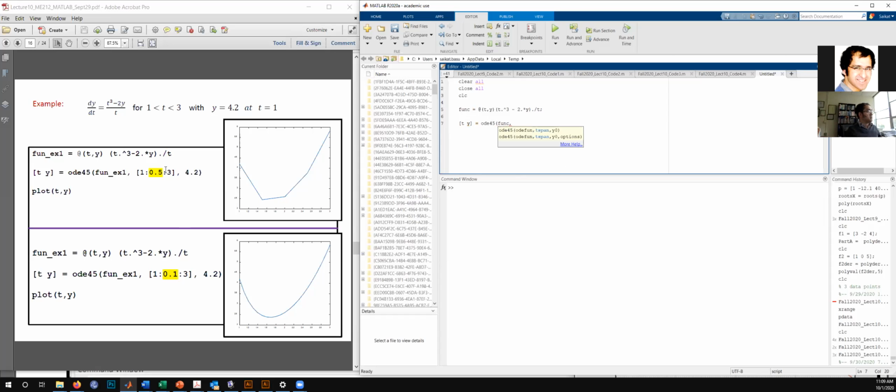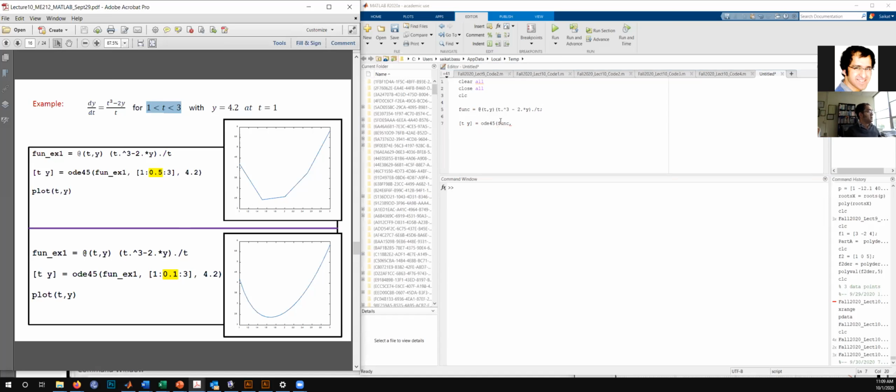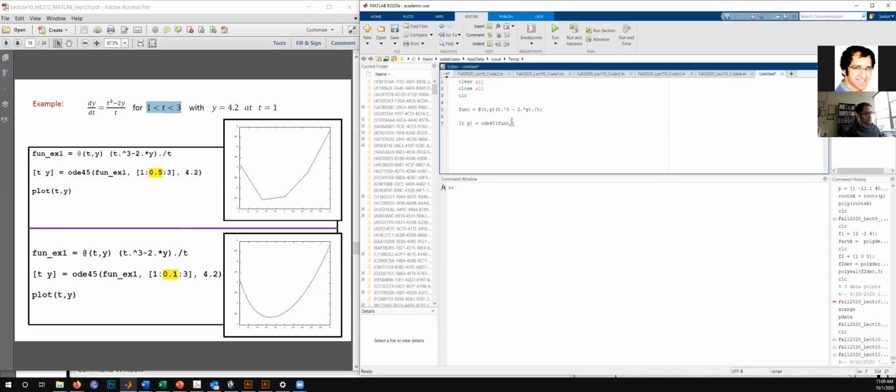The second part is the range of t, which is given to you over here. 1 to 3 is the range of t. And then the initial value for y is 4.2 at t equal to 1. Make sure that this initial value of t and the initial point of t in the range match.